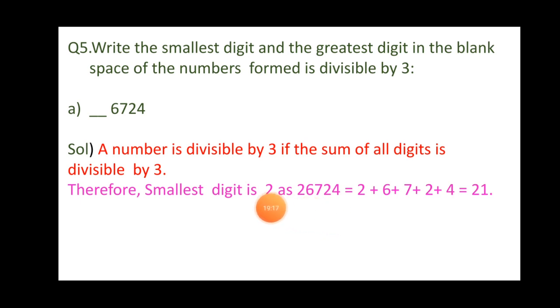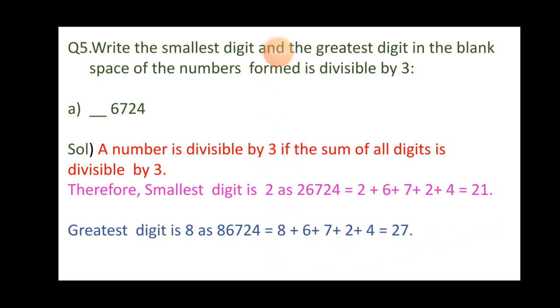So again we have taken a digit as 2, and when we have added this 2 with 19 we have obtained 21, and we know that 21 is divisible by 3. As such, this comes in the table of 3, 7 times. So we will write the smallest digit is 2, as when we have placed this digit 2, we have obtained a number that is 21 and it is a multiple of 3.